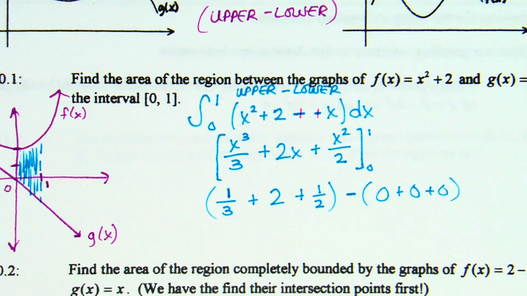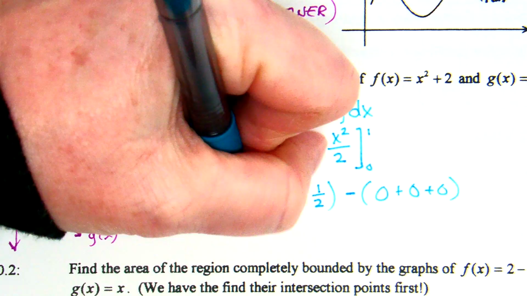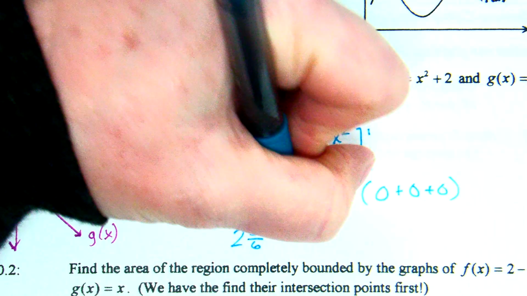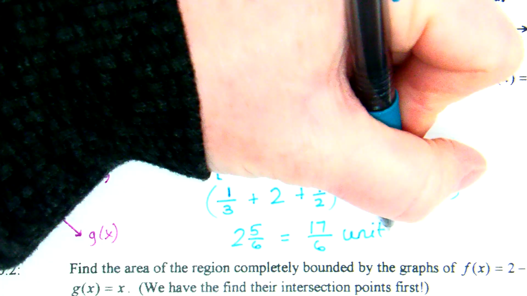Okay. So 1/3 plus 1/2 is 2/6 plus 3/6, which is 5/6. So 2 and 5/6, which goes improperly to 17/6. It's area again, so we're talking units squared.